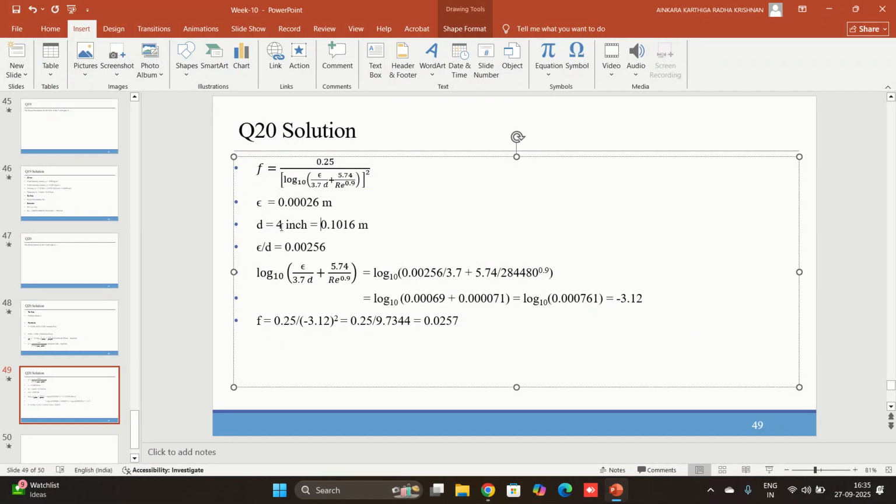And now we have to calculate it. Log of epsilon by 3.7 D plus 5.74 divided by Re to the power of 0.9.